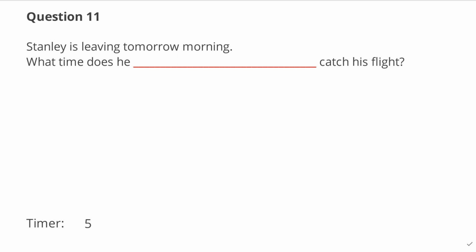So it is an external obligation, in which case you will have to use have to. What time does he have to? Remember, with does you use have to even though it's the third person, because does changes the verb into a normal form, not the third form.